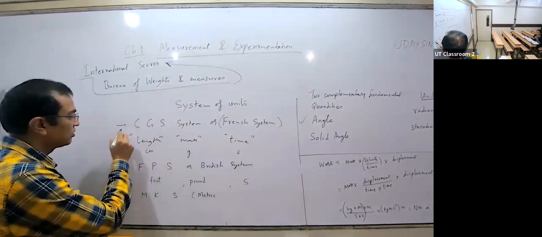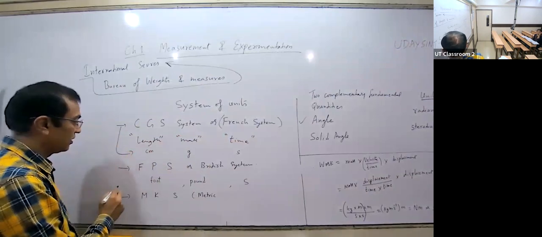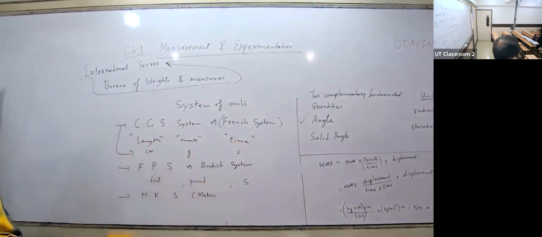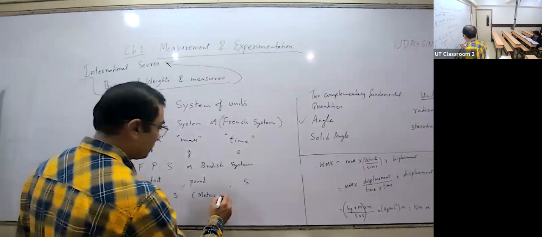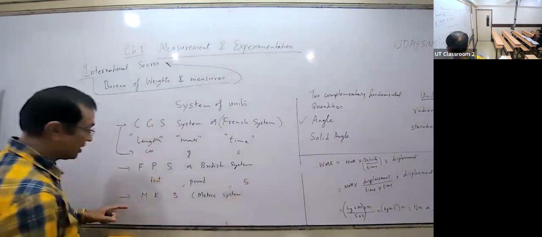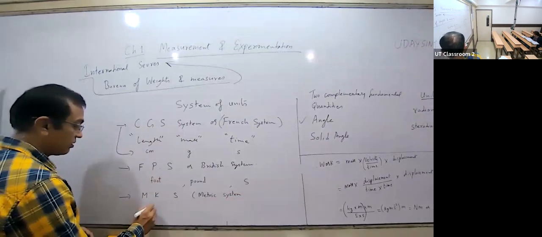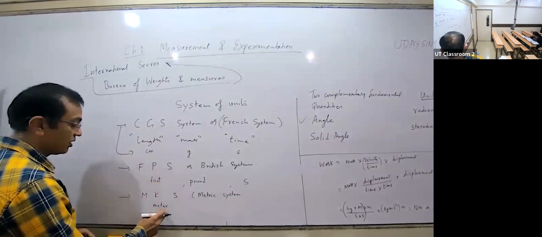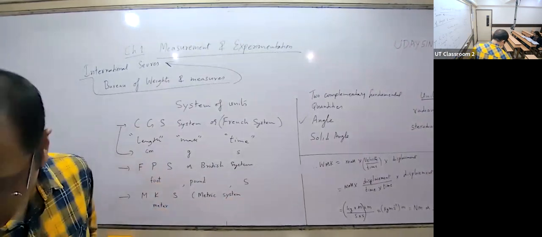In CGS, it was centimeter, gram, second. Second does not change; second is second everywhere. So it is called the metric system. How is length measured in the metric system? Length is measured as meter, with a small m.